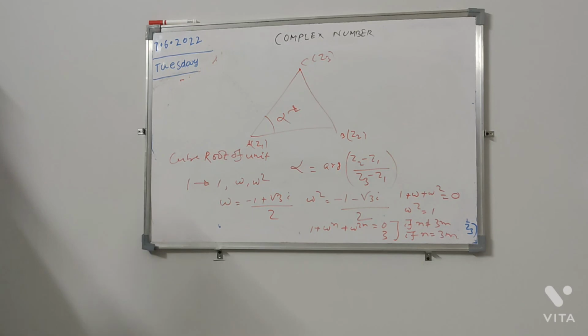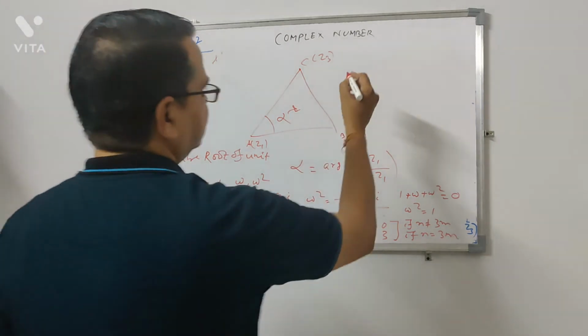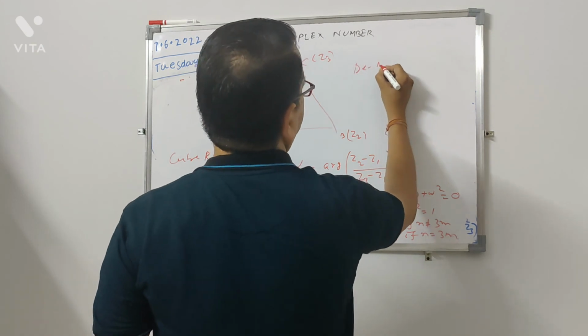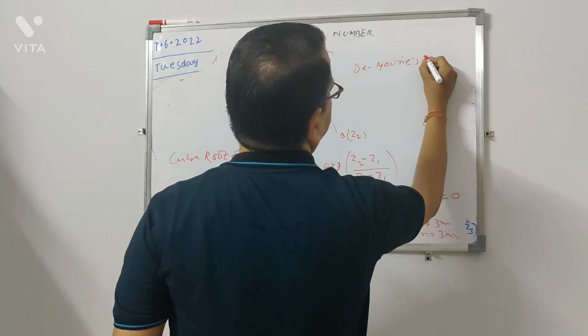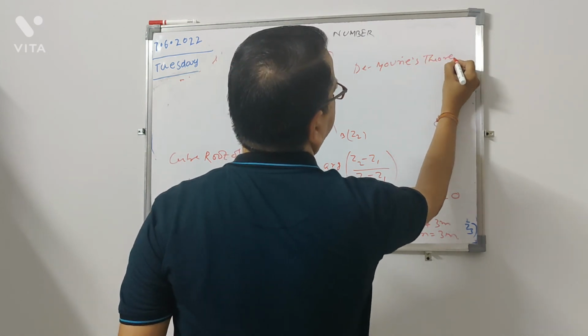And then there is something called De Moivre's theorem. Okay, so this is also an important one, and during our time also I remember we studied this. This is an important theorem that you also have to remember.